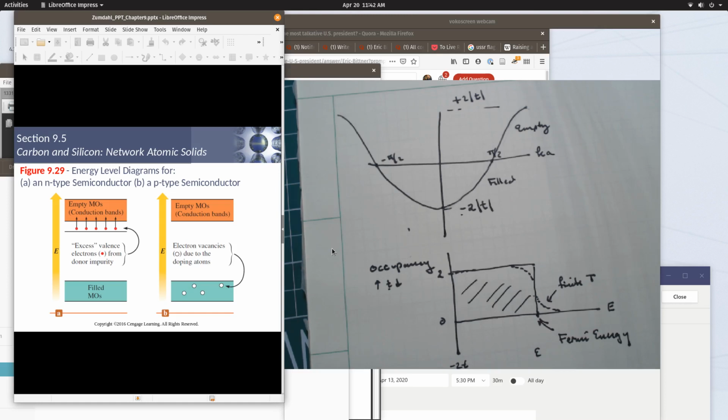N-type simply means I've added negative charge, and P-type means what moves are actually positive charges. So N-type means that the negative charges are moving, and P-type means that the positive charges are moving.